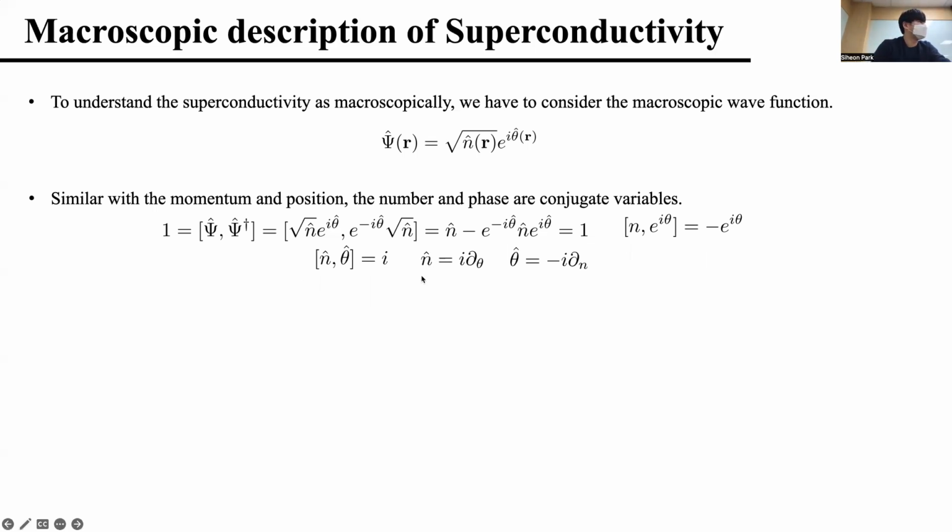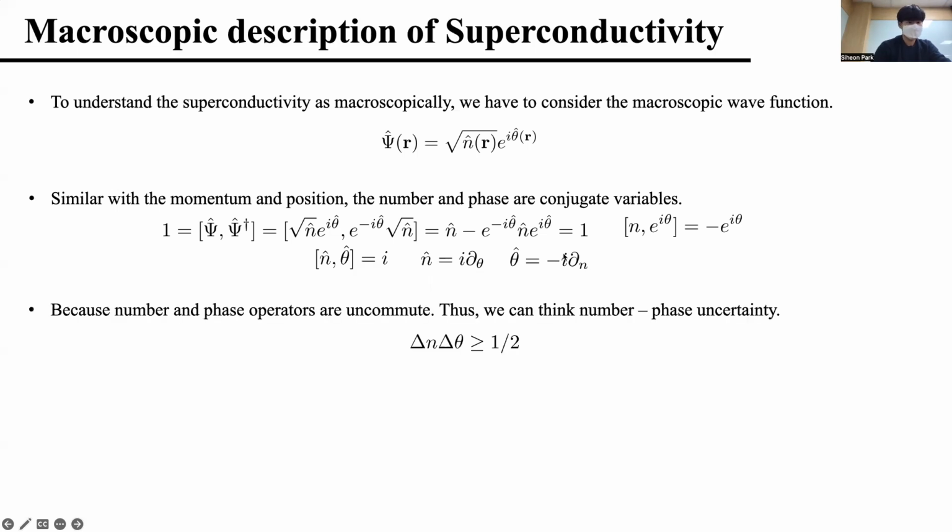The momentum operator is the partial derivative with respect to space. Maybe you are familiar with the uncertainty principle: momentum and position do not commute, and this noncommuting property gives rise to the uncertainty. Therefore, we can think about the uncertainty of the particle number and the phase.